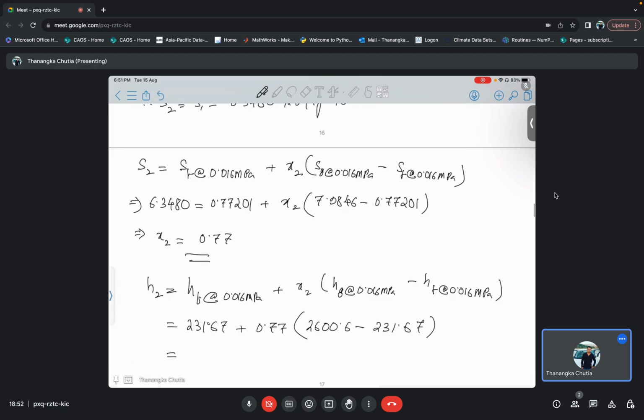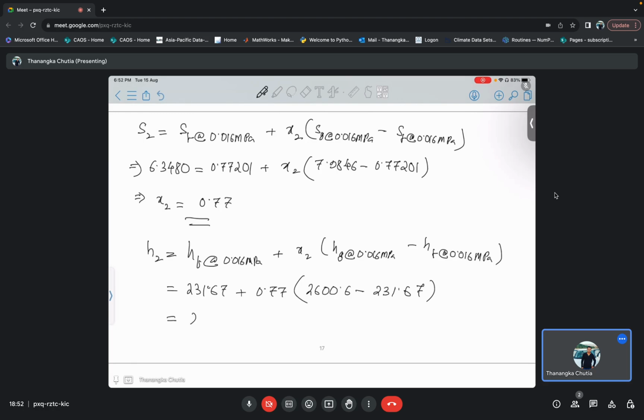Okay. So that is equal to 2055.7461 kilojoule per kg.